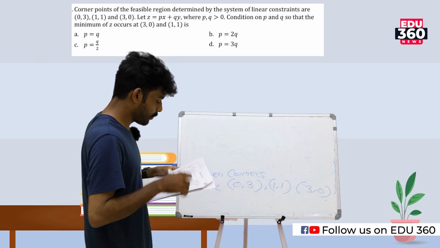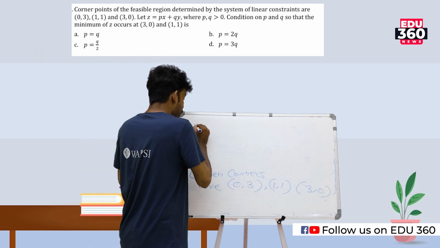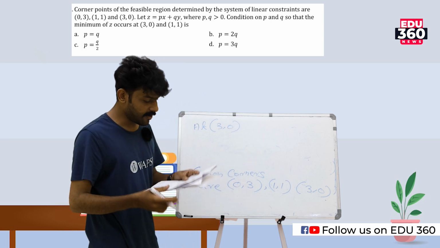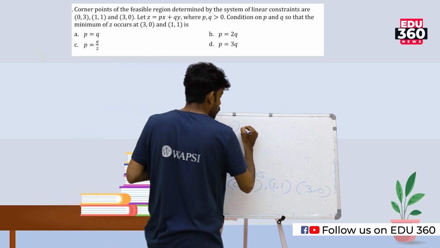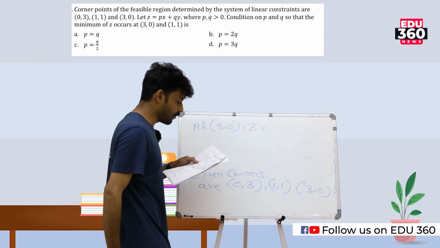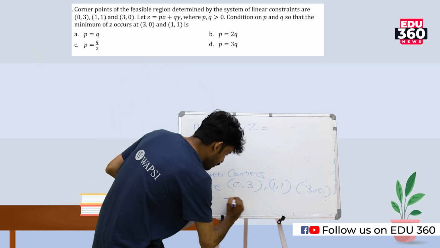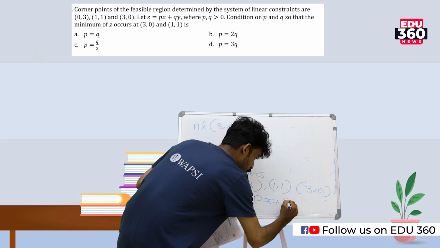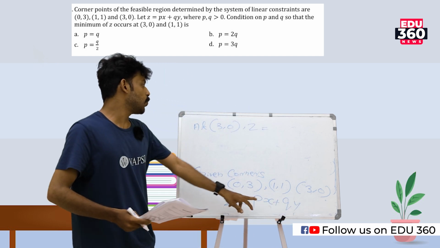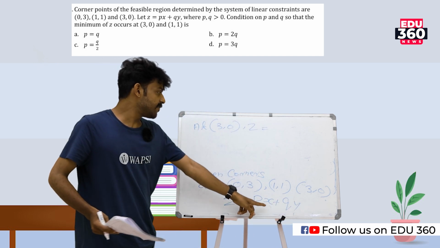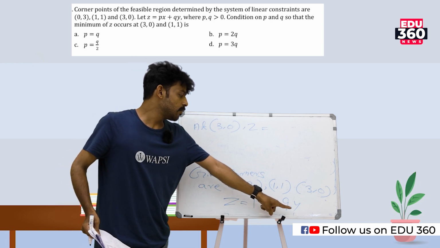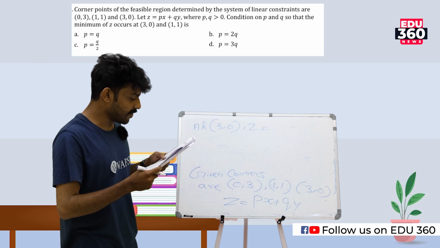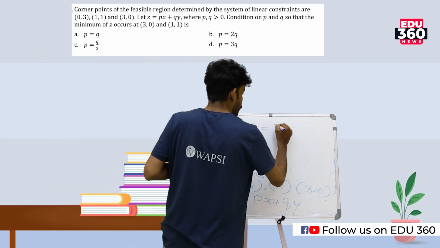At (3, 0), the value of Z is equal to, Z is Px plus Qy, so if we substitute x is equal to 3 and y is equal to 0, we will get Z is equal to 3P.